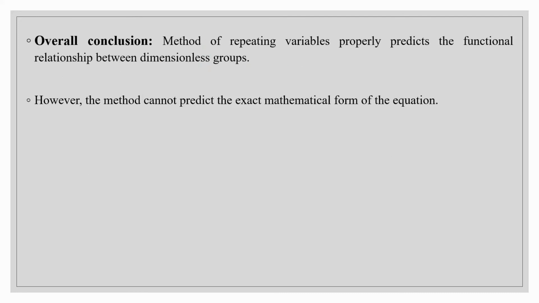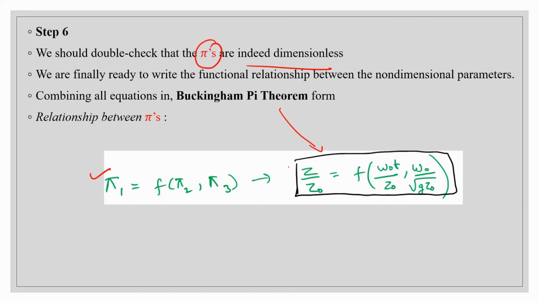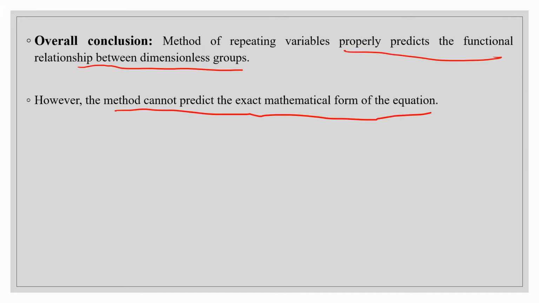Now if we want to make an overall conclusion, the method of repeating variables, or you can say the Buckingham pi theorem, properly indicates the functional relationship between the dimensionless groups, but we cannot predict the exact mathematical form of the equation. So here you see that we can describe the functional relationship, but the exact mathematical form of the equation is not known, or we cannot predict it, but we can have some idea about the relationship.